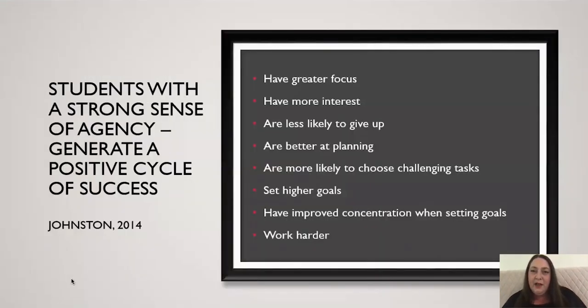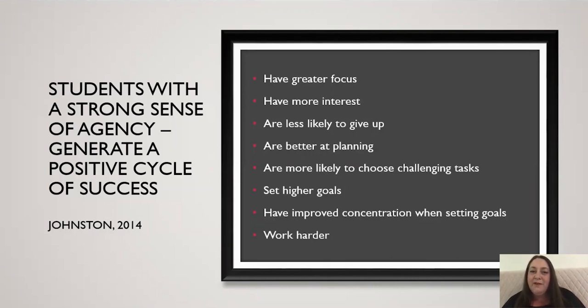Johnson, who in 2014, a lot of his work was around the notion of student voice and student agency, created and generated a positive cycle of success. He said that students with a strong sense of agency have greater focus, more interest, have grit and perseverance. They're going to be less likely to give up.